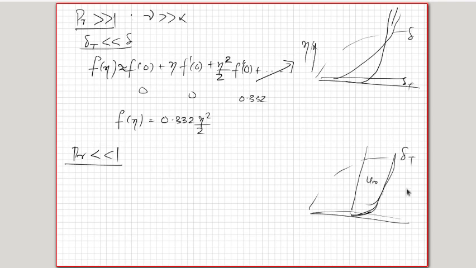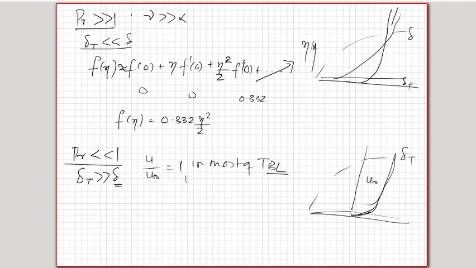So u by u infinity is equal to 1 in most of the thermal boundary layer because delta T is much greater than delta, and only inside the delta you have u less than u infinity, but outside delta, in most of the thermal boundary layer, you have a velocity u by u infinity which is 1.